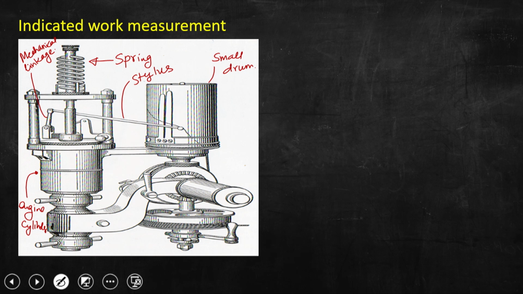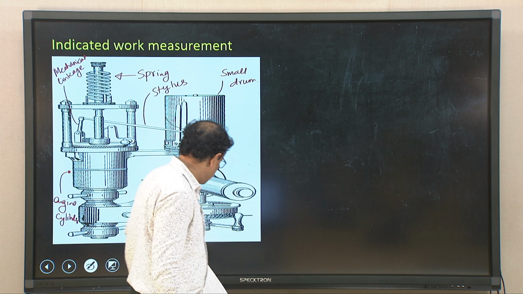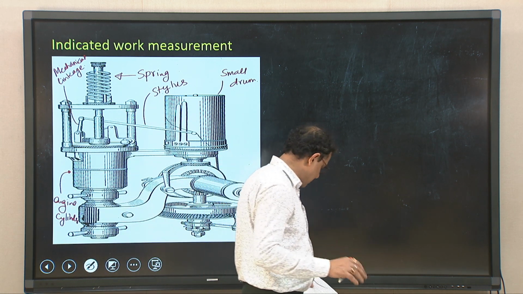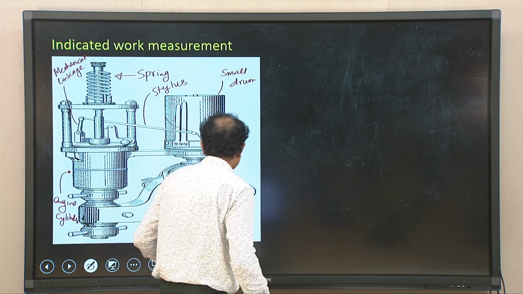As I told you earlier, indicator diagrams were produced by mechanical devices or mechanical plotters linked to the engine cylinder.